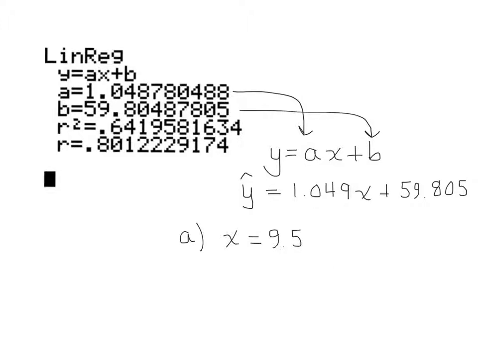So 1.049 times 9.5 plus 59.805 will give us our predicted height, and our predicted height in this case, rounding to 3 decimal places, would be 69.771 inches. And you'd continue to do the same for parts B through D for the other shoe sizes.